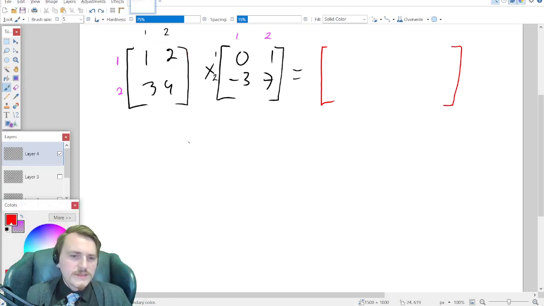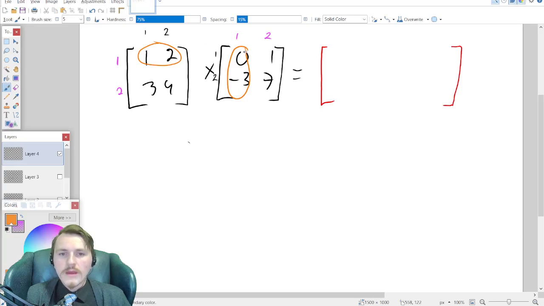I'm going to do this in different colors every time. The first row of the first matrix by the first column of the second matrix, because I'm trying to get the first row, first column. How do I multiply rectangles? Yeah, this gets weird.